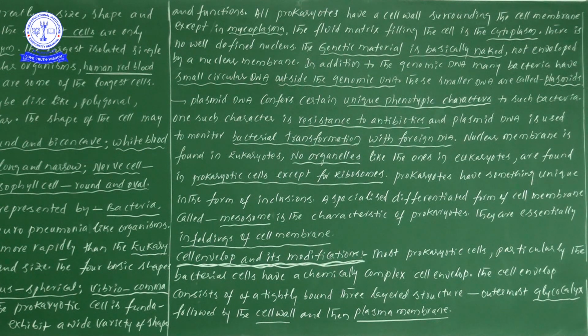So there is also some information to be discussed. Now, most prokaryotic cells, particularly the bacterial cells, have a chemically complex cell envelope. Suppose, for example, if you take the bacterial cell wall, it is made up of muramic acid or the peptidoglycans.